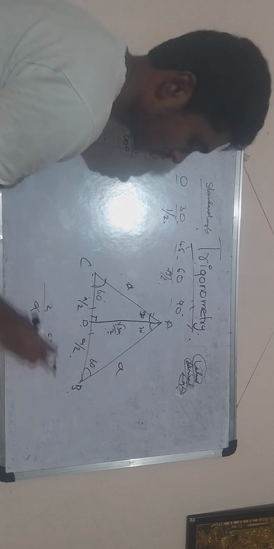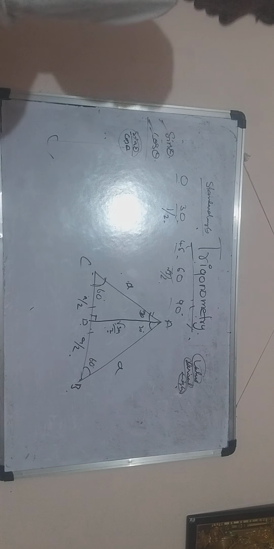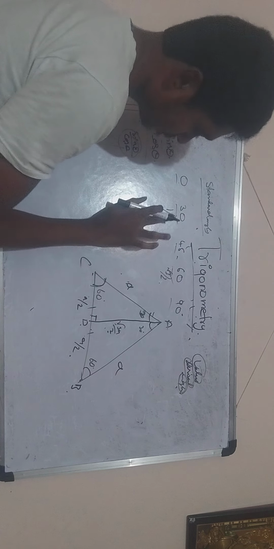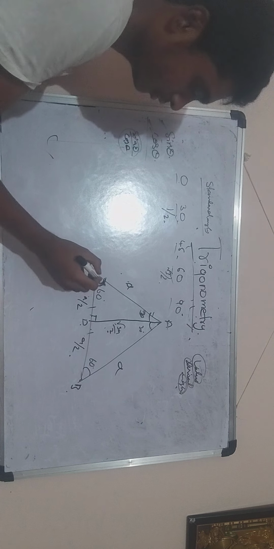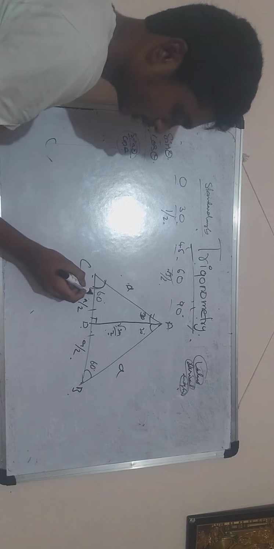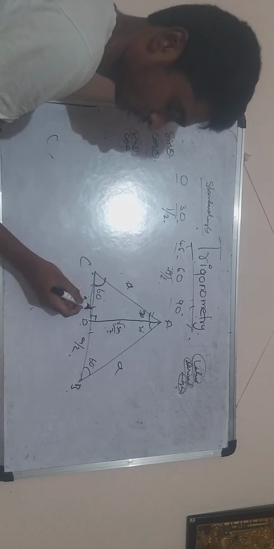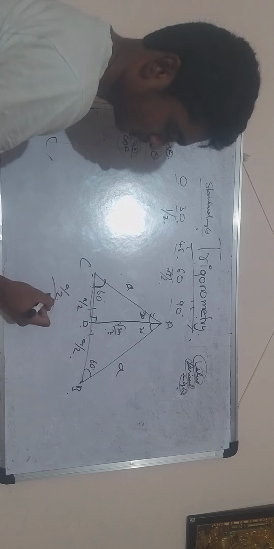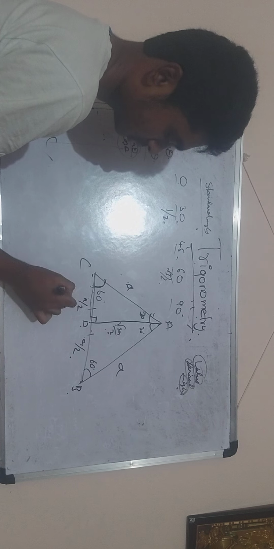Okay. The cos would be the inverse. When we take cos 60, it's going to be the reverse of the sine. So when we take cos 60, this would be the adjacent side for cos. So A by 2 by hypotenuse, adjacent by hypotenuse. So it's going to be 1 by 2.